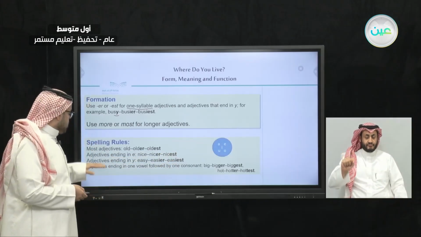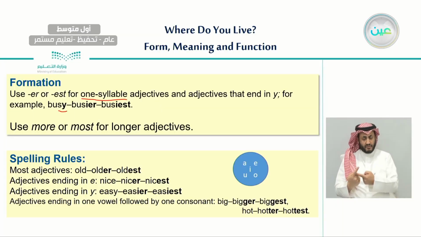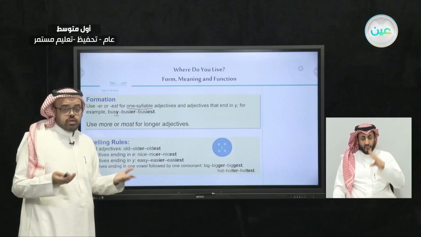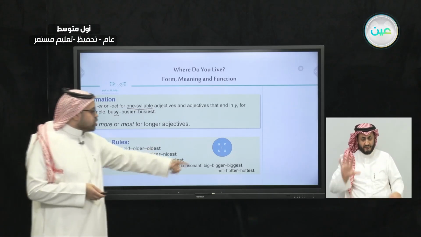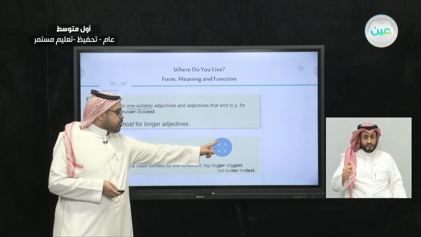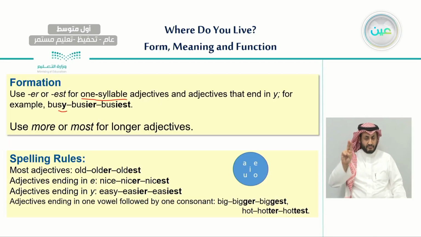And also, one more rule in regard to the comparison: the adjectives that end in one vowel followed by one consonant. In English, we have letters that we call the vowel letters, and those vowel letters are these five, which are A, E, I, O, and U. We have learned this before.